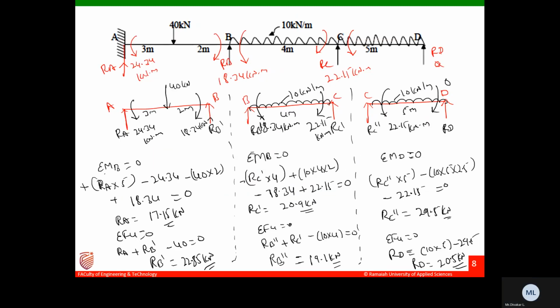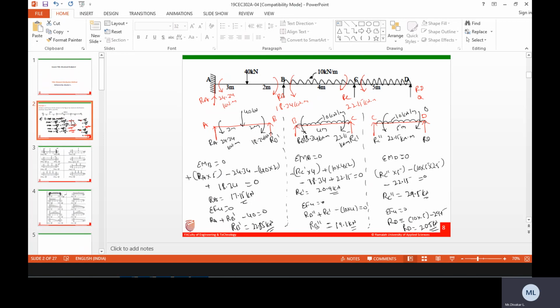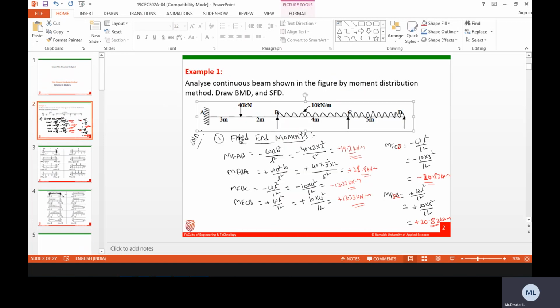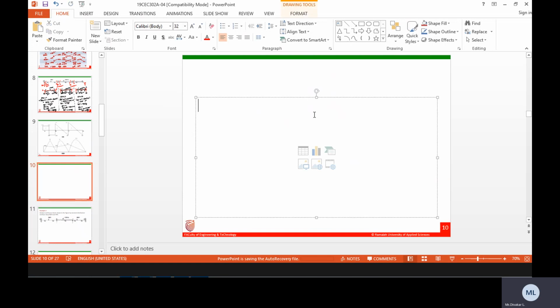Now let us take how to draw the SFD for the given beam. I will show you how to draw your SFD for the given beam. Just copy and paste it here.